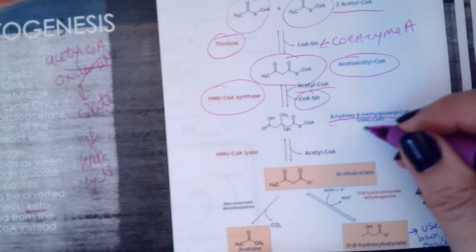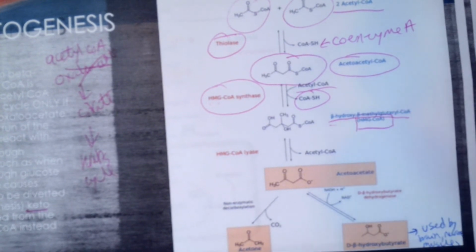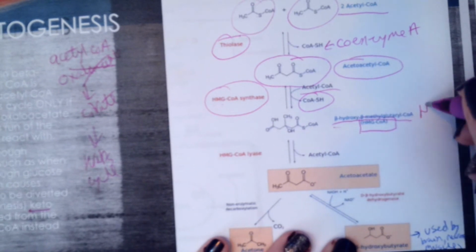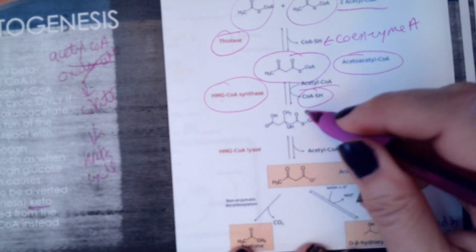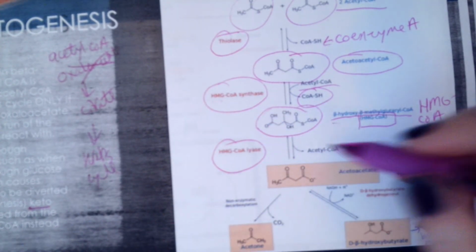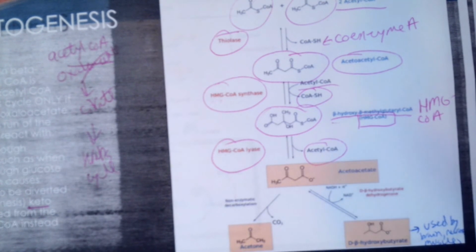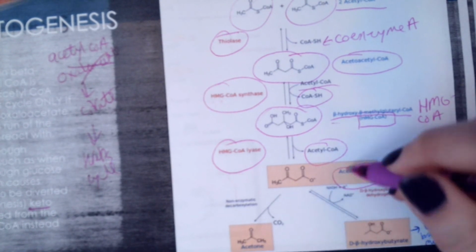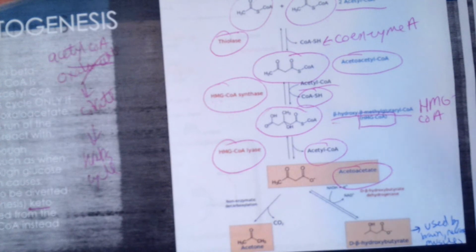So we can just abbreviate that as HMG-CoA. HMG-CoA synthase is what makes HMG-CoA. Now another enzyme, HMG-CoA lyase, puts on another acetyl-CoA and we get acetoacetate.